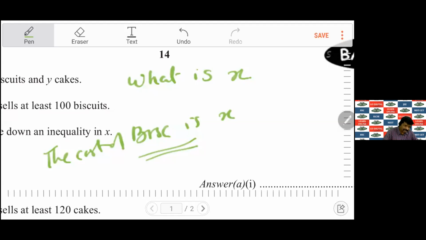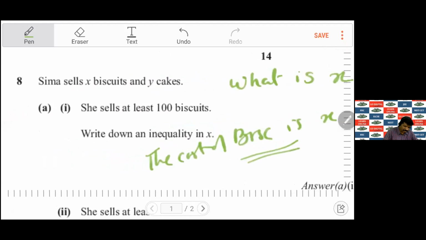Yeah. See, it is written there: Seema buys X biscuits.